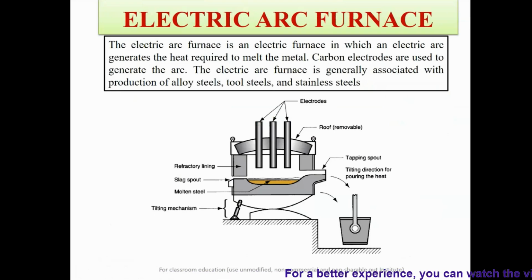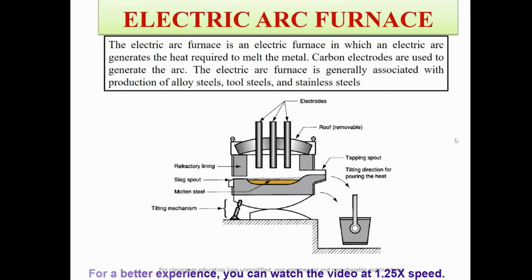We have a common type of furnace, which is known as the electric arc furnace. In this furnace, an electric arc is generated between the electrodes, and generally these electrodes are made up of carbon. So you can see this is the construction of your furnace.